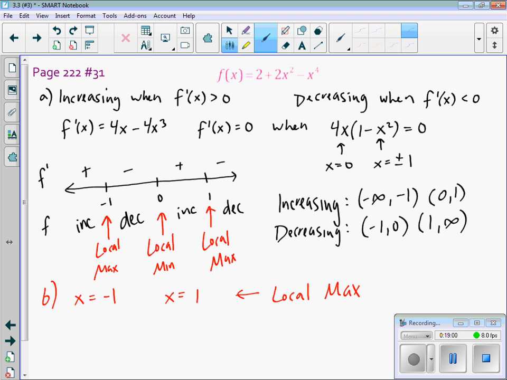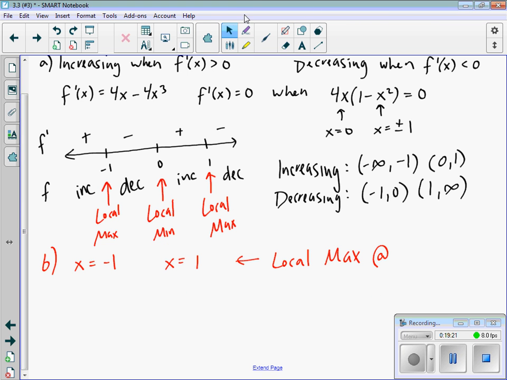So how would I find the y values? Yeah, so plug them back into the function and find what the values are. So the local maxes occur at these spots, and then a local max value is going to be, and write what it is. So I'm going to write my stuff a little better here while you guys plug those in and do the work for me.